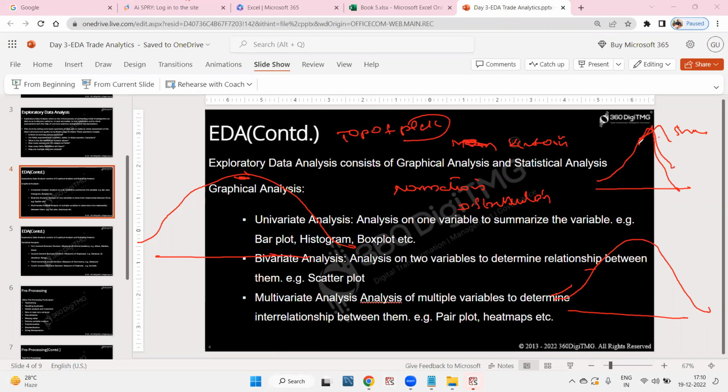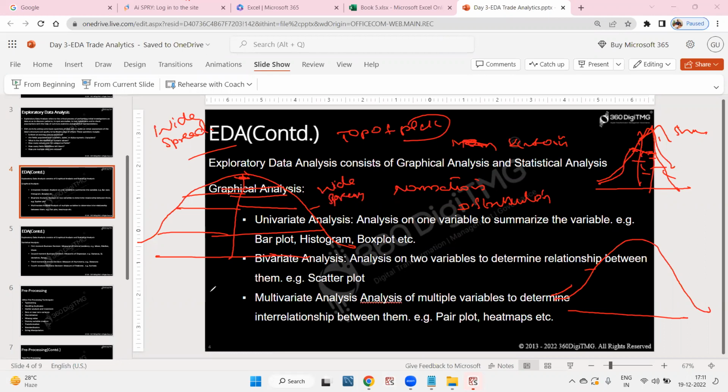If it is a shorter peak, that means more data close to the mean, the majority of data is close to the mean. But here the data is widespread.